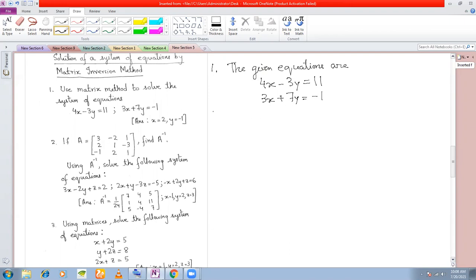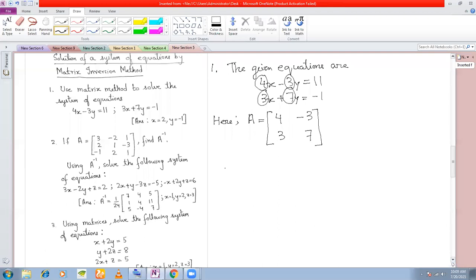Now we form the matrices. Here we'll form the matrix A. What is the matrix A? Matrix A is formed by the coefficients of x and y. Okay, so matrix A here is 4, minus 3, 3, 7.